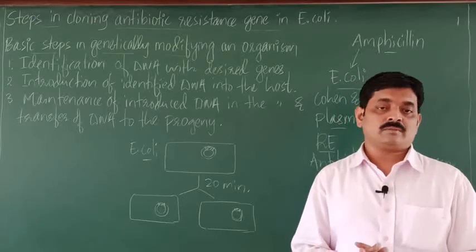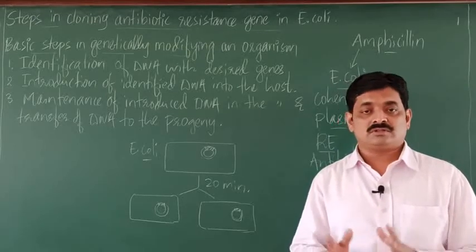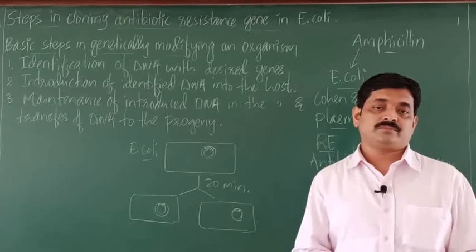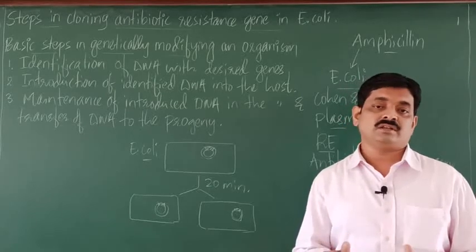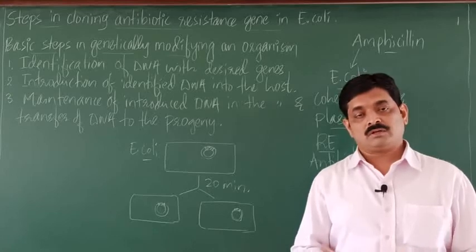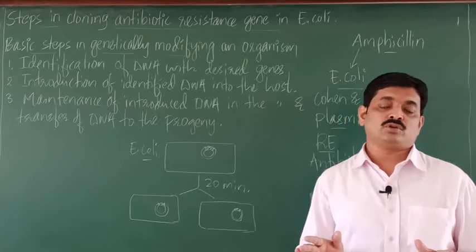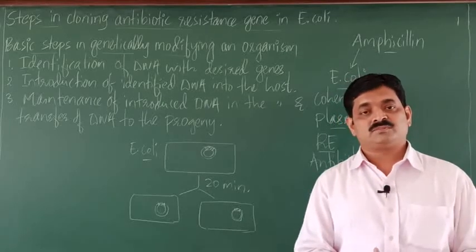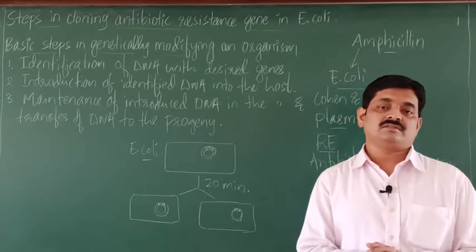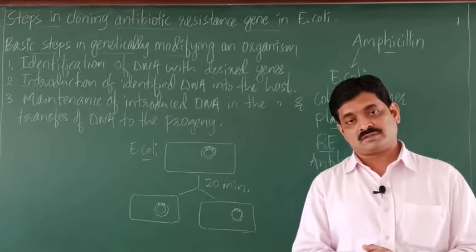So this is how gene cloning was done by Cohen and Boyer by using E. coli cells. So these are the steps in cloning antibiotic resistance gene in E. coli. I hope you have understood the meaning of antibiotic resistance gene. This is a gene that provides resistance to antibiotics.